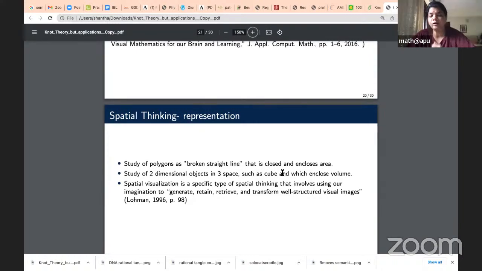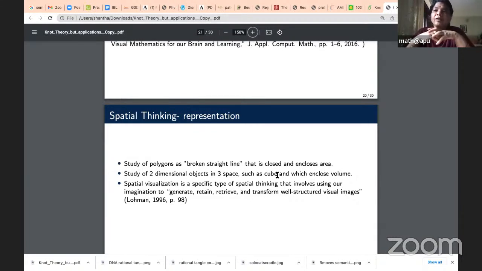We also study 2-dimensional objects in 3 space, such as the cube. First we look at the surface of the cube, and then we also think of the volume that is enclosed. So both these concepts are taught in school curriculum.